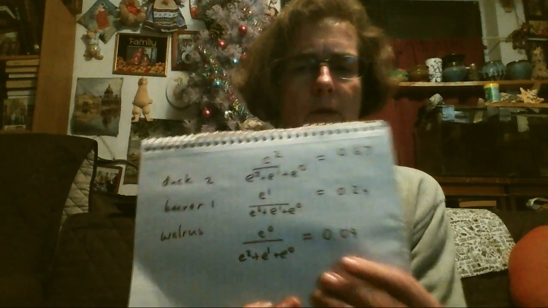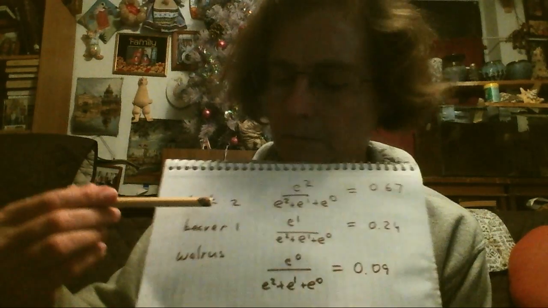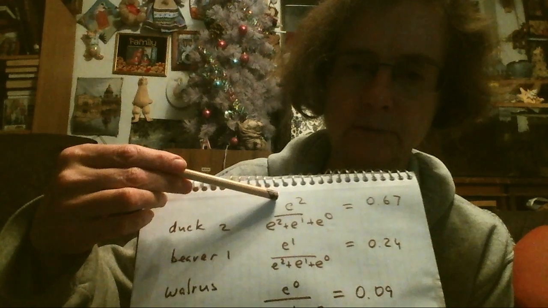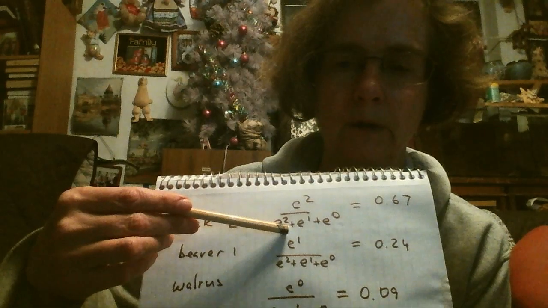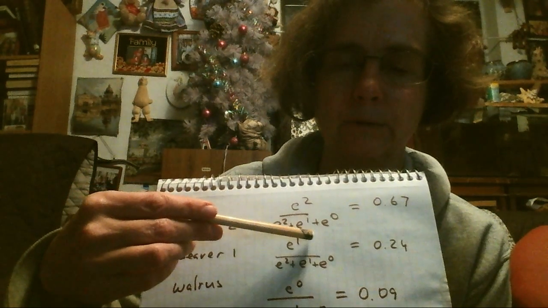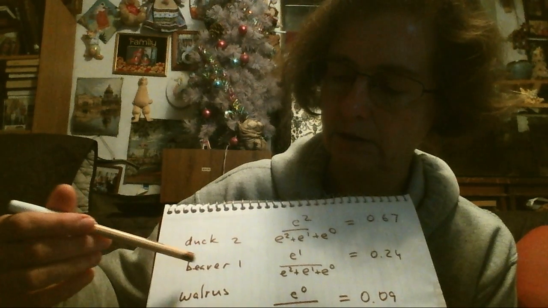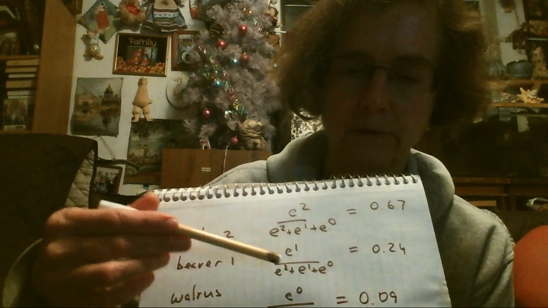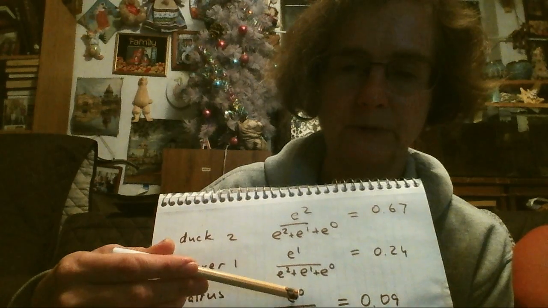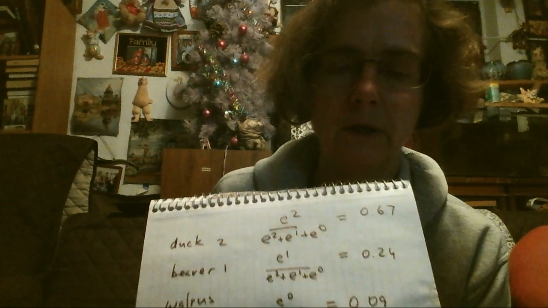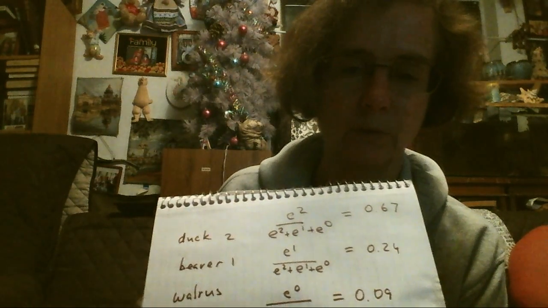So here is how it's going to look. For duck with a score of 2, we're going to have exponent of 2 divided by the sum of exponent of 2 plus exponent of 1 plus exponent of 0. We get our probability 0.67. Beaver is going to have exponent of 1 divided by exponent of 2 plus exponent of 1 plus exponent of 0, which gives us a probability of 0.24.